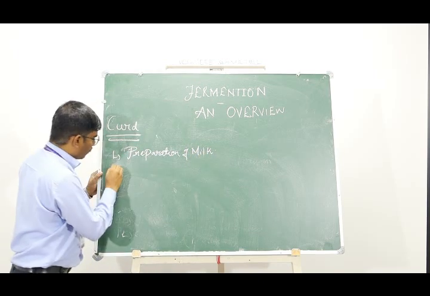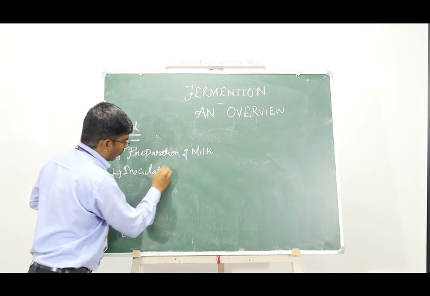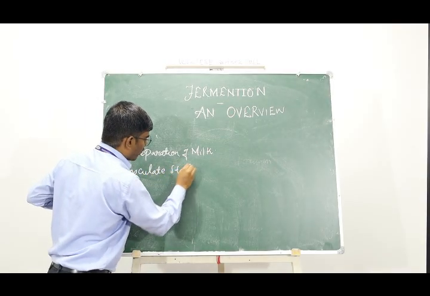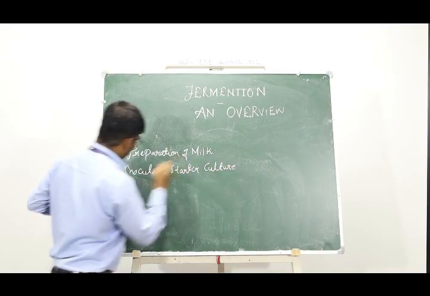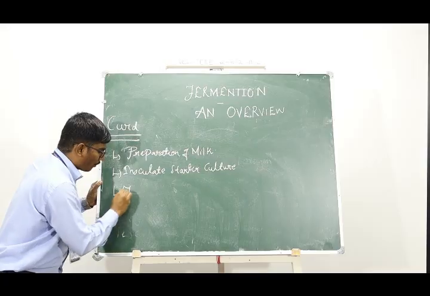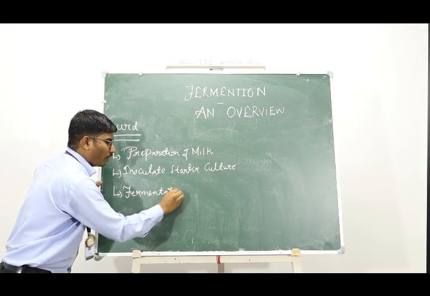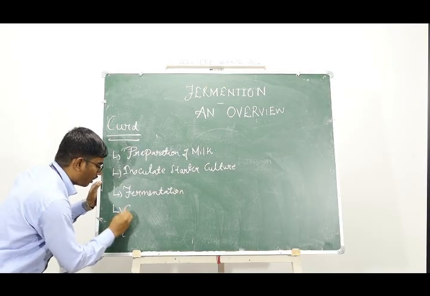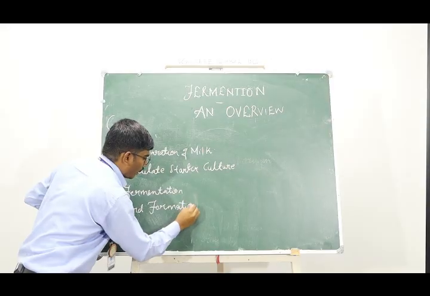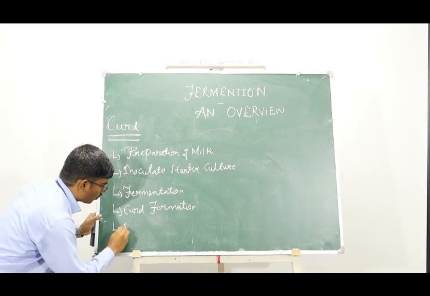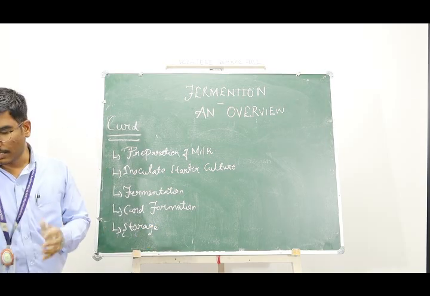The second step is we have to inoculate the starter culture. The third step is fermentation. The fourth one is curd formation. And the fifth one is storage. I will explain each step.